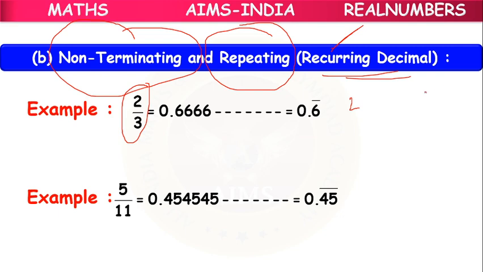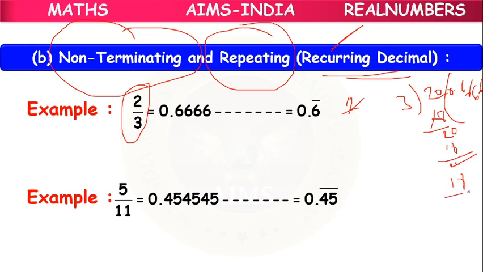If we divide 2 with 3, 2 is less than 3, so we keep 0 point. We make it 20. 3 6 times 18. Again 2 is the remainder, 20. 3 6 times 18. Again 2 is the remainder. Like that, 0.66666 and so on. It will not terminate.